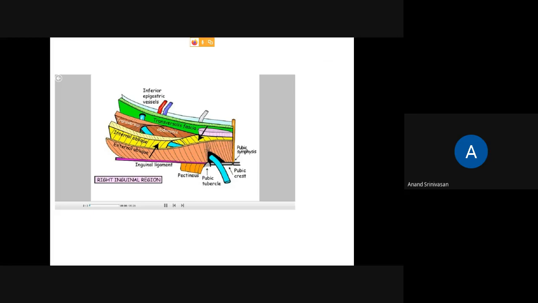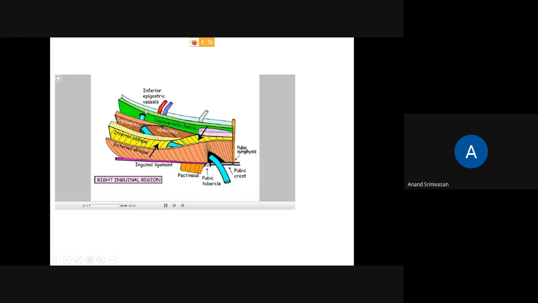Now what happens? Here you can see once again the superficial inguinal ring and deep inguinal ring, and the contents are passing through it. Suppose there is increased pressure inside the abdomen, where there are many contents such as intestines. If the anterior abdominal wall is weak, the contents can come through the deep inguinal ring, through the inguinal canal, and into the superficial inguinal ring.